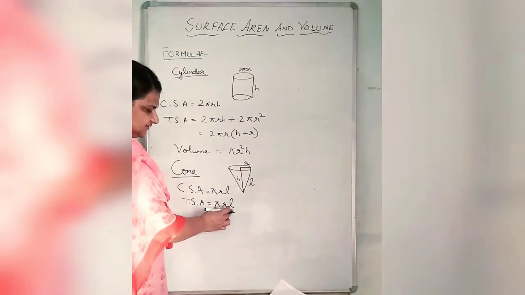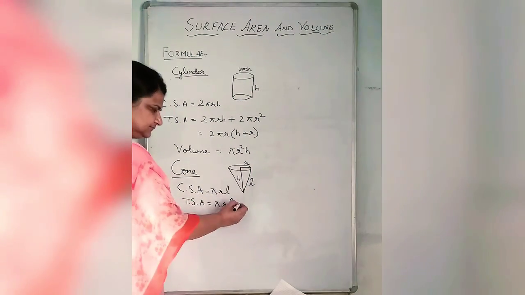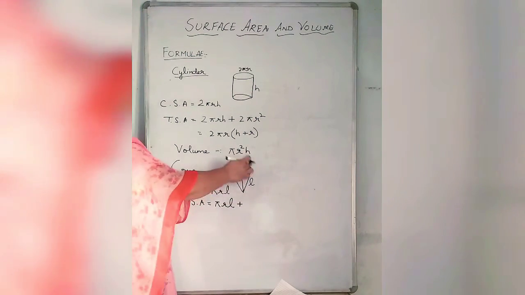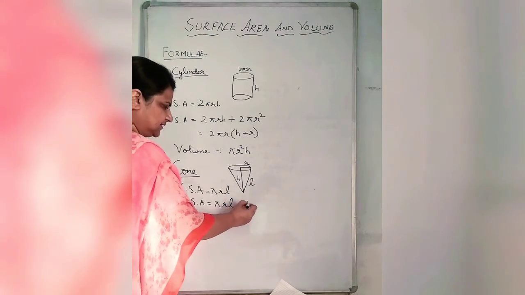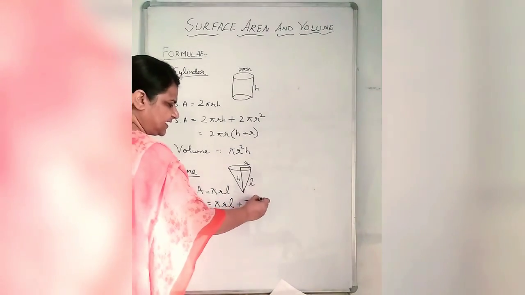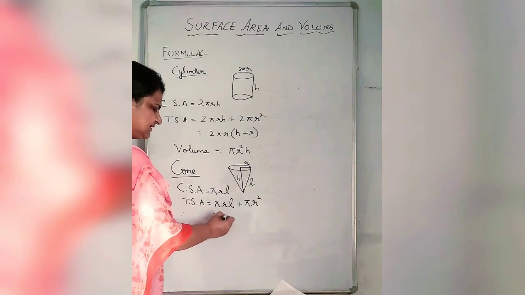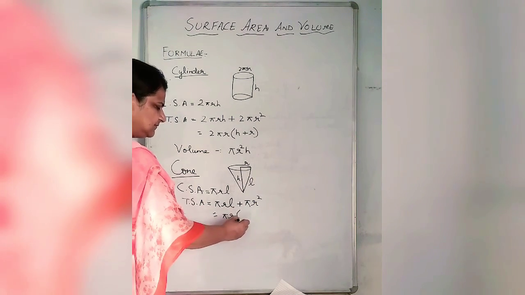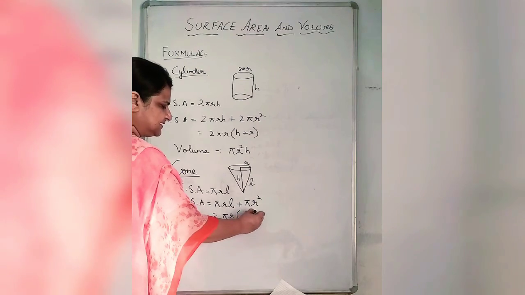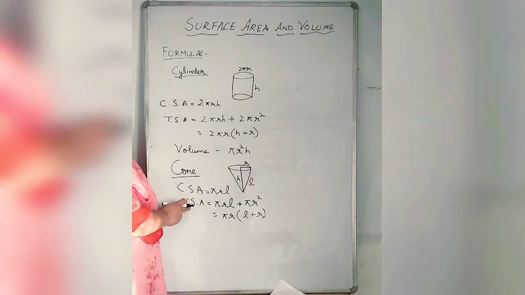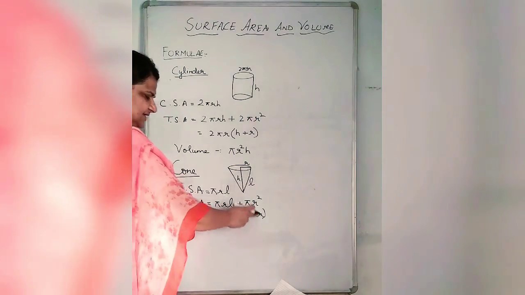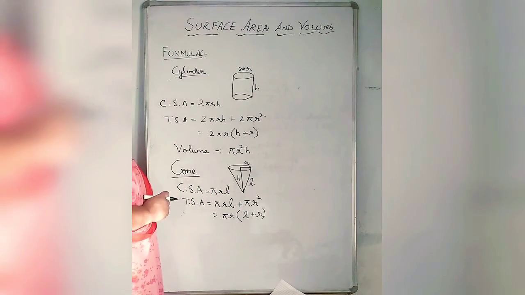So it will be curved surface area of the cone plus a circular top whose area is pi r square. So this means its total surface area will be, take out pi r common, what else I am getting is L plus r. So this is the total surface area of cone.